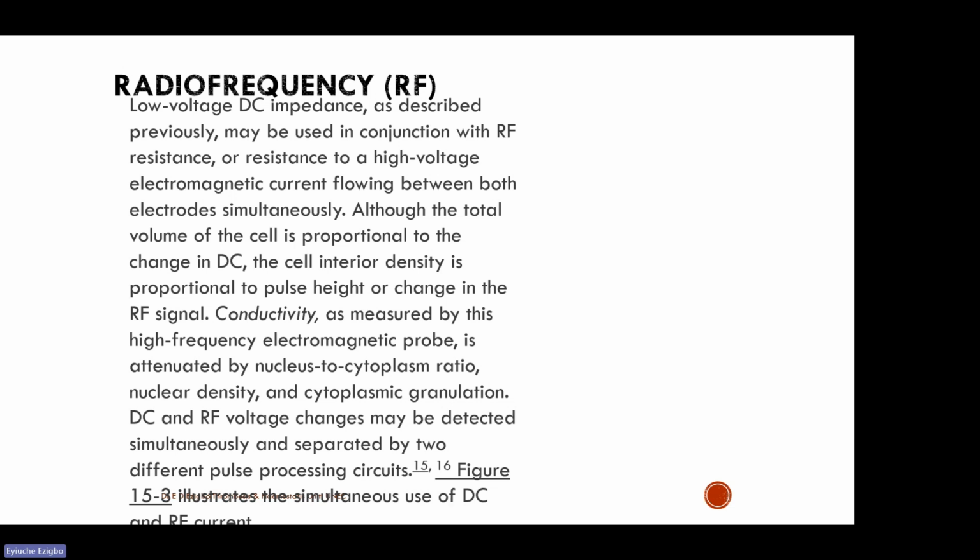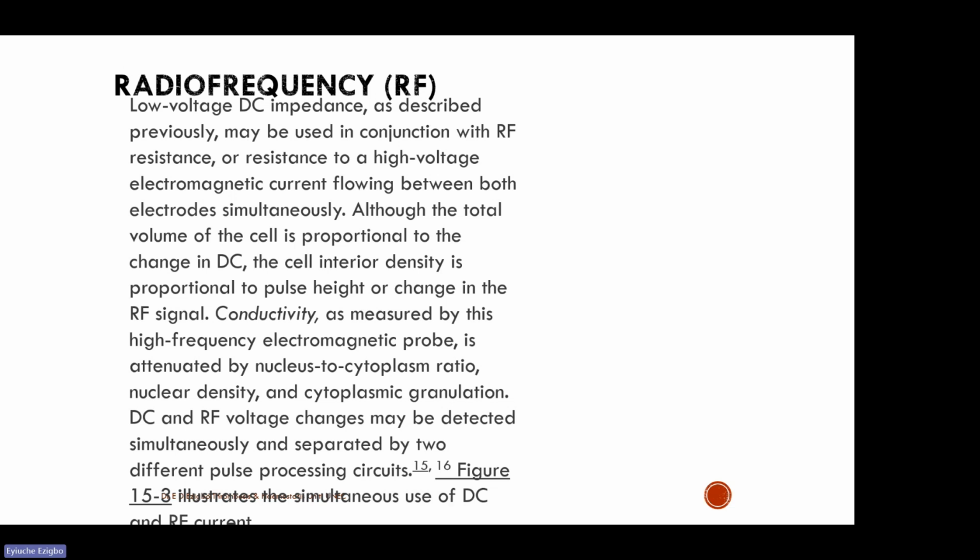Although the total volume of the cell is proportional to the change in direct current, the cell interior density is proportional to the pulse height, or change in the radio frequency signal.